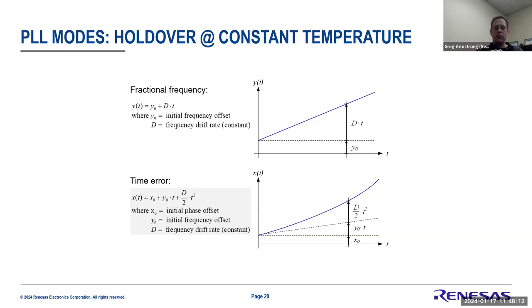Because when you're drifting away from your nominal source, you're actually accelerating away from it. It'd almost be like you're stepping on the accelerator. If you keep your foot down, you don't always stay at a constant rate of speed. You could slowly keep increasing your speed, right?